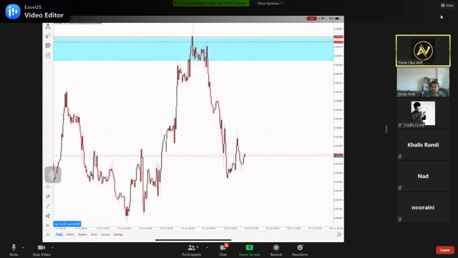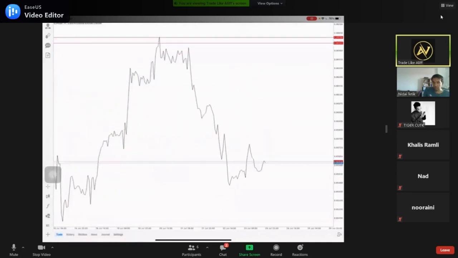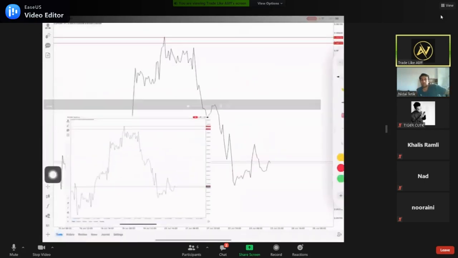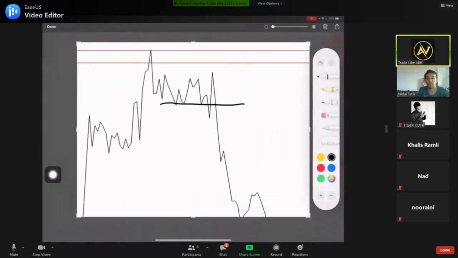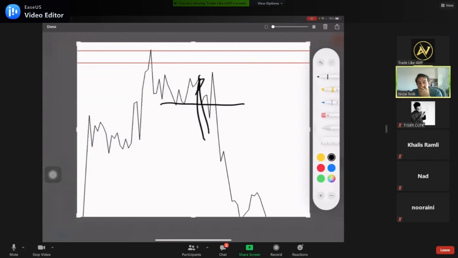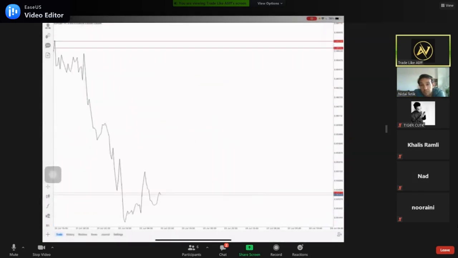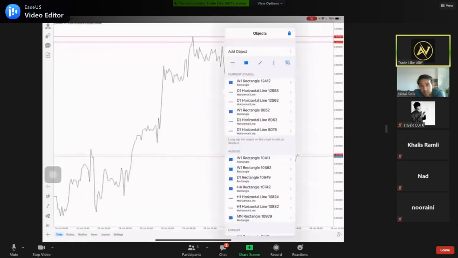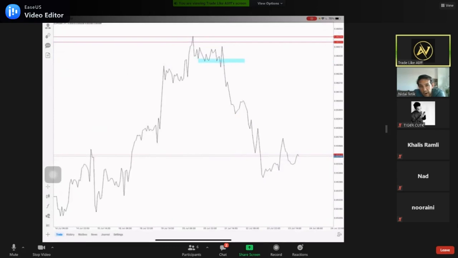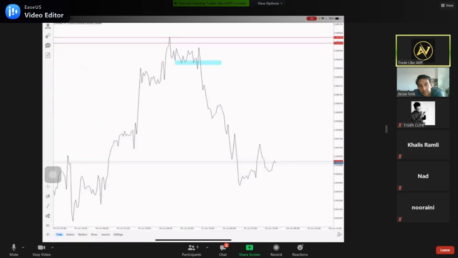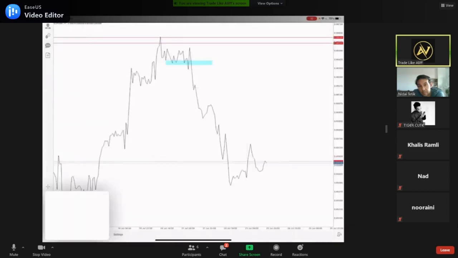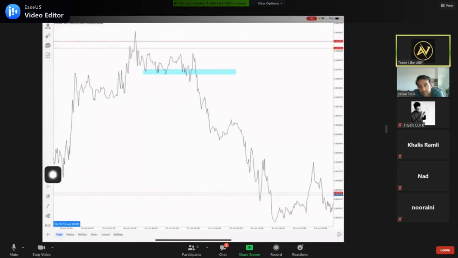Wait here. Breakout. H1 breakout. Go above here at the lower time frame. When the market reaches your daily or weekly zones, you just go to H4 and H1 to monitor the breakouts. So breakout, go to M15.